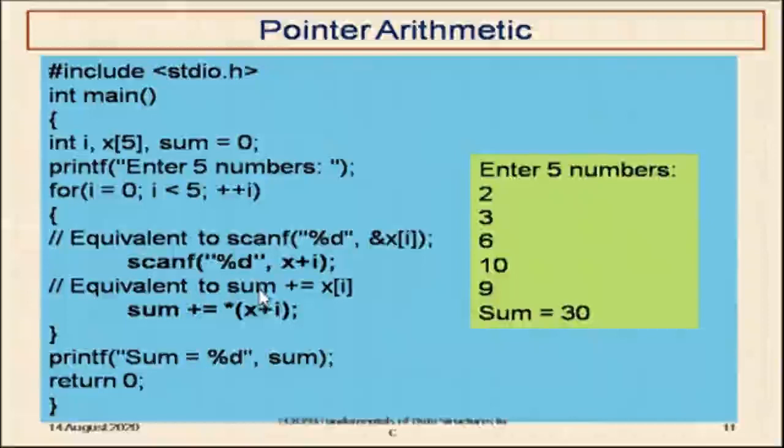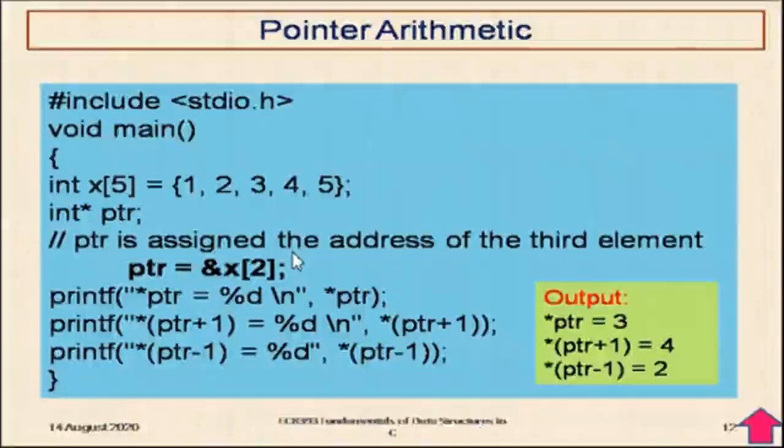Similarly, conventionally we use sum plus equals x[i], a shorthand operator meaning sum equals sum plus x[i]. This statement can be replaced with sum plus equals *(x plus i). So x[i] can be replaced with *(x plus i). We have entered 5 values and the sum of the values is 30 for this example.